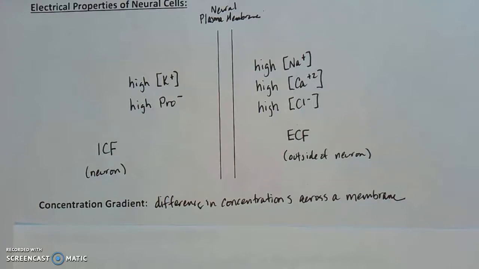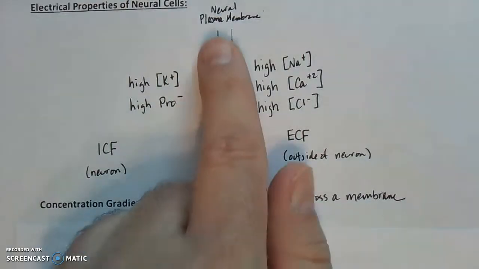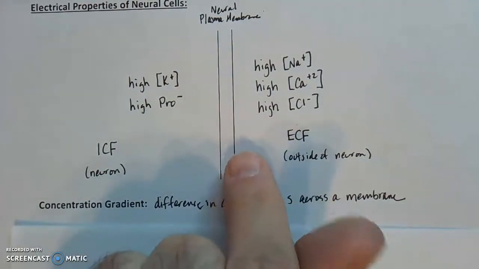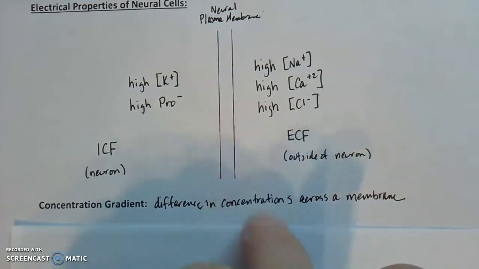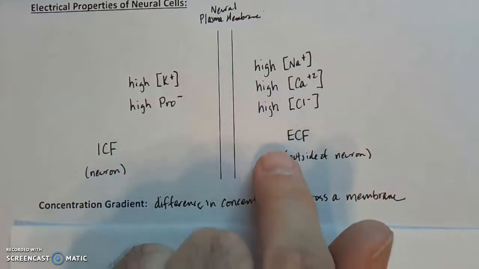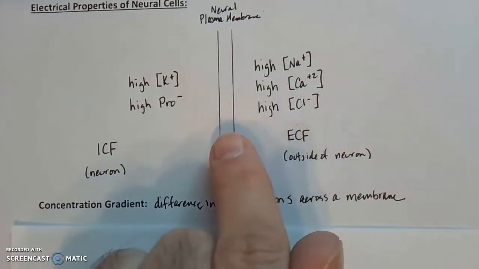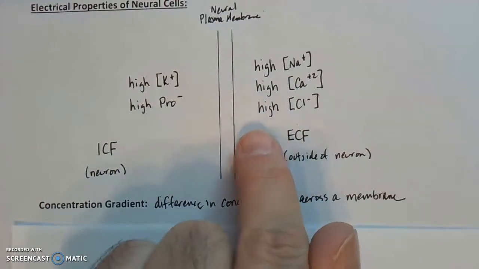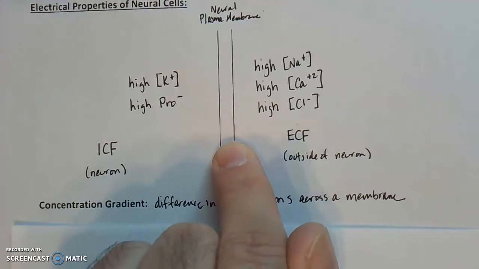Things tend to move automatically down their concentration gradients from high to low. But because we have a membrane, we might not be able to move things naturally through diffusion from one area to the other. We would have to have something that would allow it to flow through this membrane.